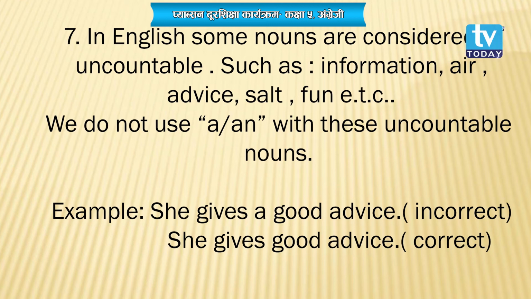They don't have 's' or 'es' to make them plural, but they themselves are plural in form. So if we have such words in sentences, then we do not use any articles like a or an.